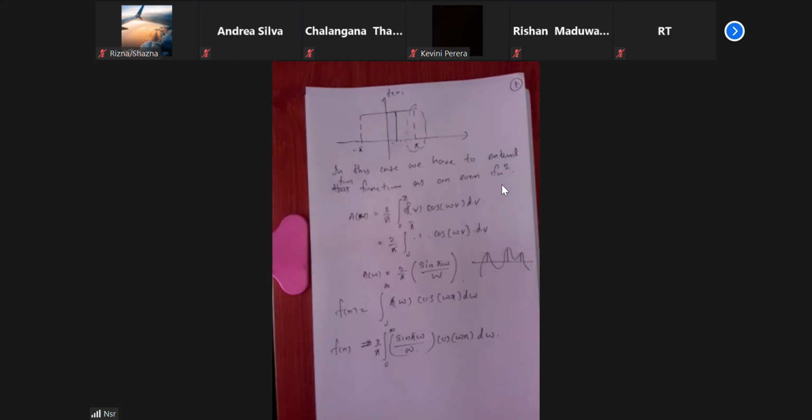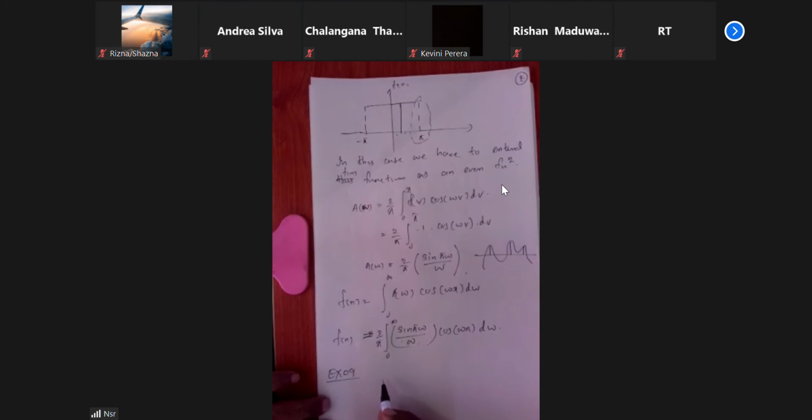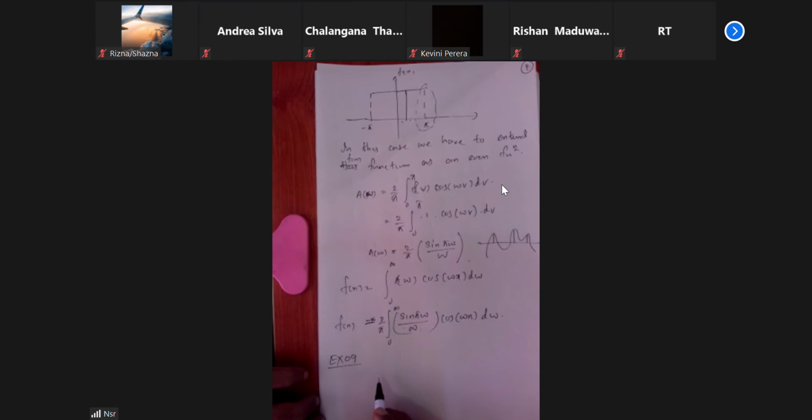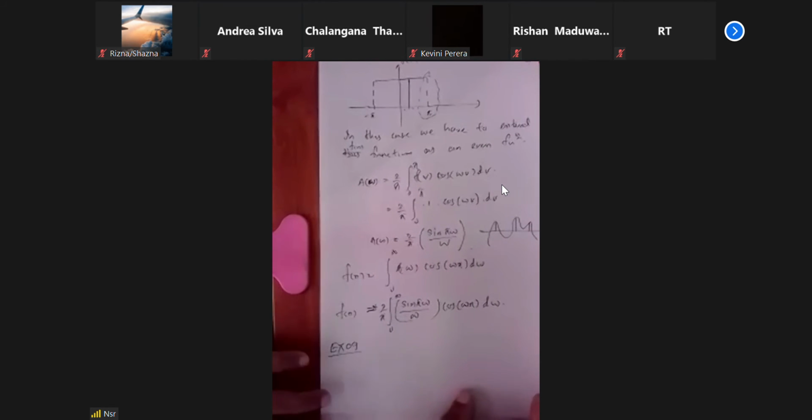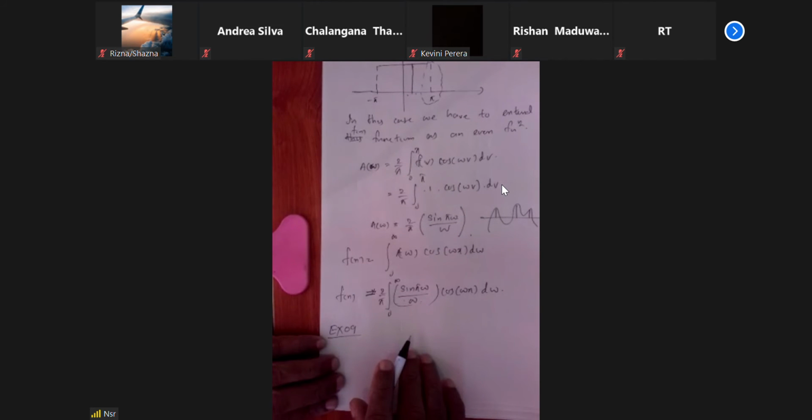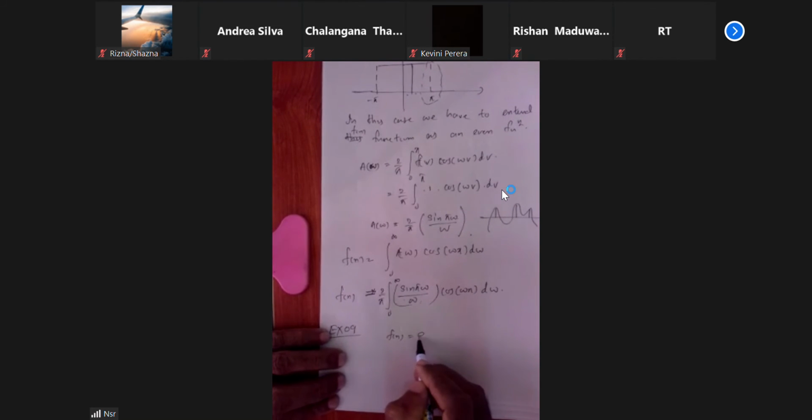Write down the cos omega x in this integral representation, to find out the Fourier cosine formula for the function e to the power minus x cos x.